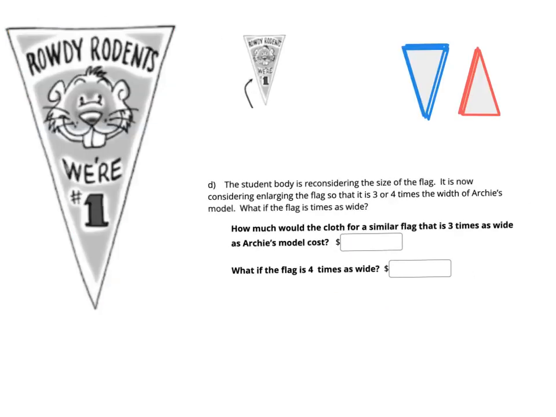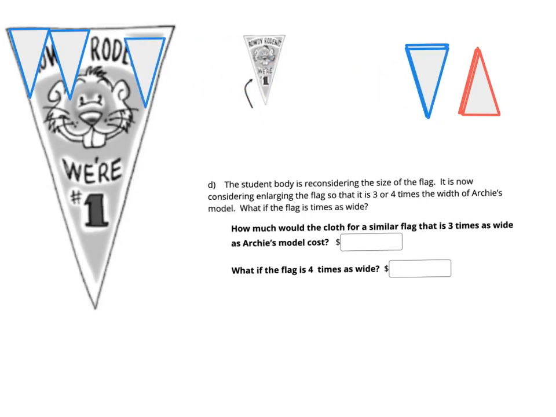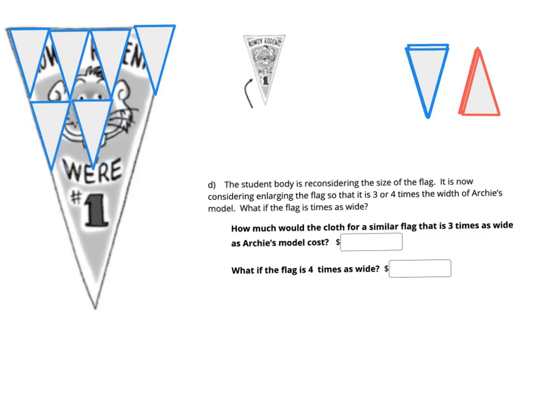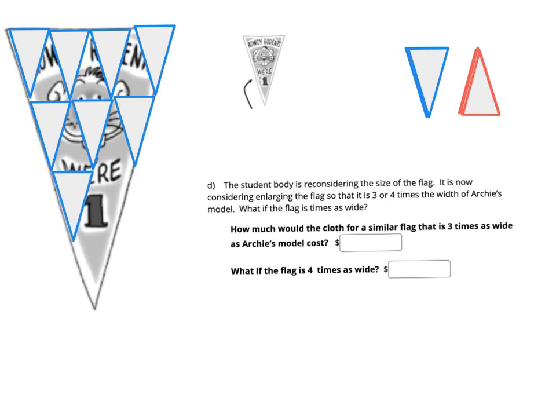And now let's see what happens if we do it when it's 4 times as big. So again, we're going to line up these flags. Again, each of these triangles is the size of the original, and this one is 4 times as wide and 4 times as tall. So maybe by now you can guess how many there are going to be.